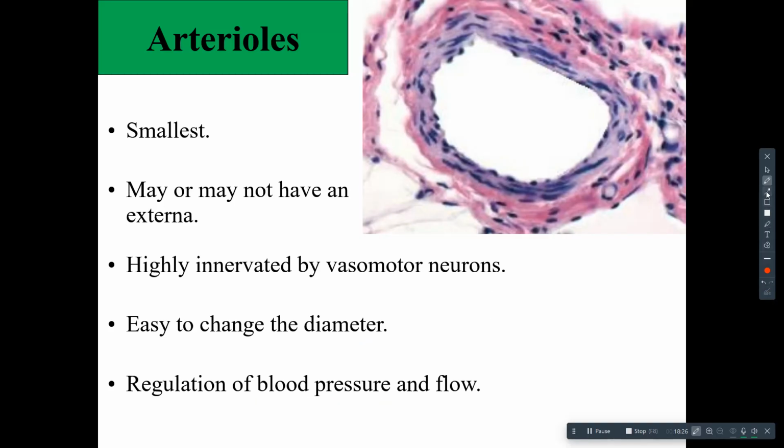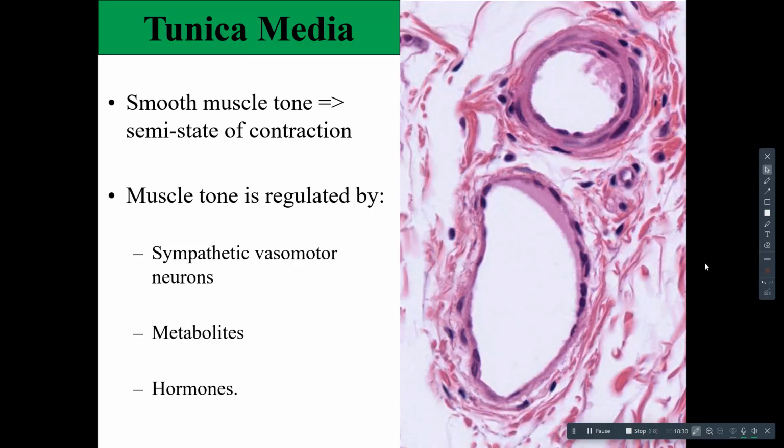All right, let's talk about that tunica media in the arterioles. So the smooth muscle in my tunica media has tone, and muscle tone is sort of like a halfway state of contraction. It's like you're not totally contracted, nor are you totally relaxed.